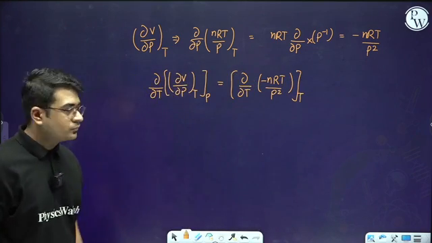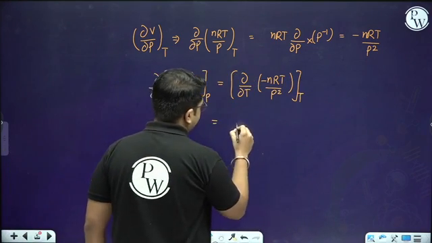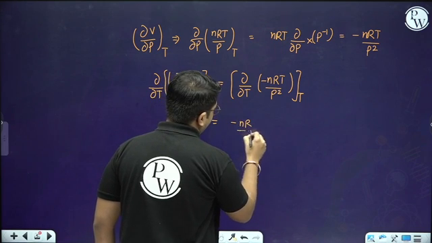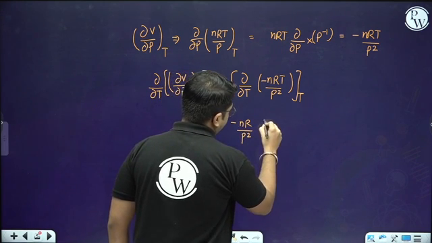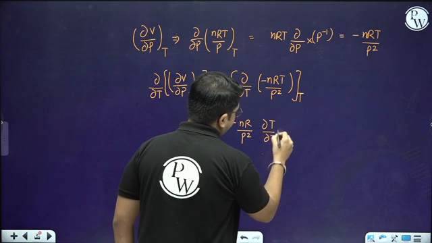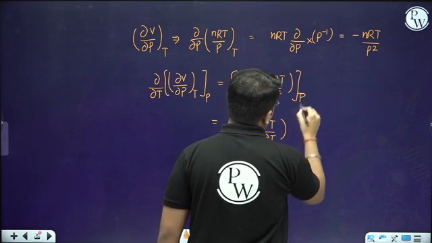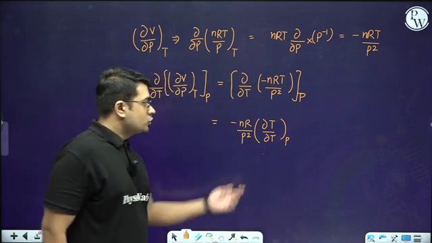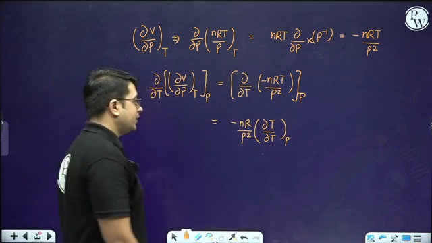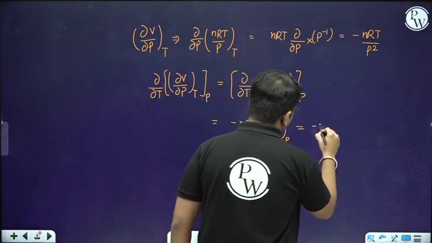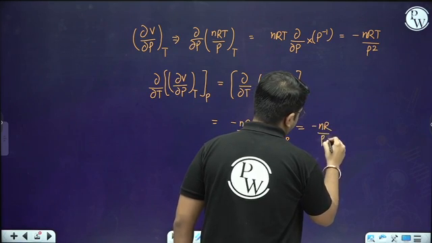So you can say that will be minus nR over P square times dT by dT at constant pressure. You know dT by dT is going to be 1 again. So that value will be minus nR over P square.